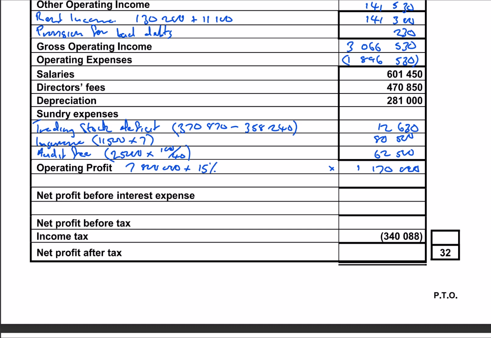So our sundry expenses is 387,600. That's our sundry expenses. Then what we have here is interest income.